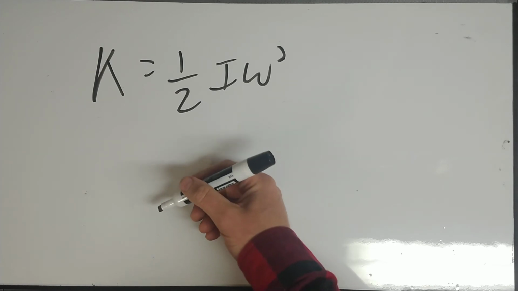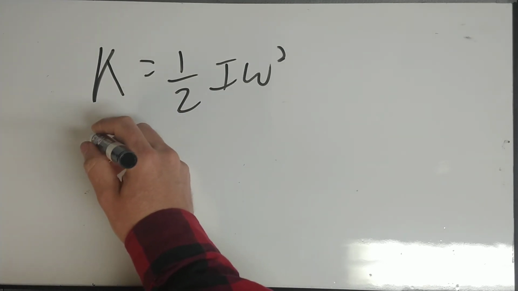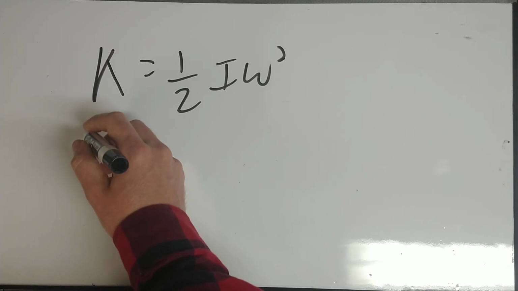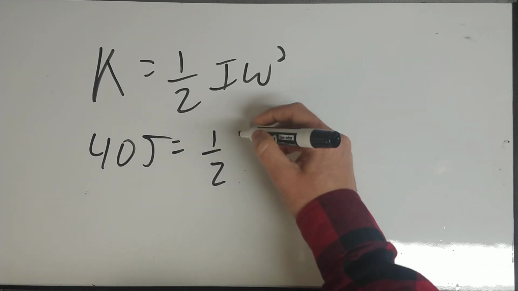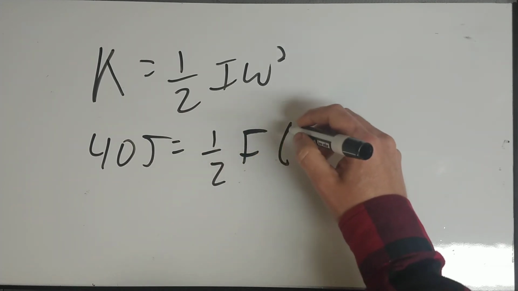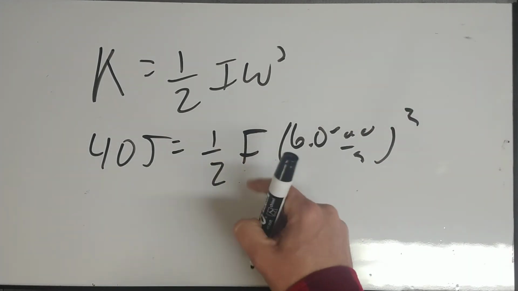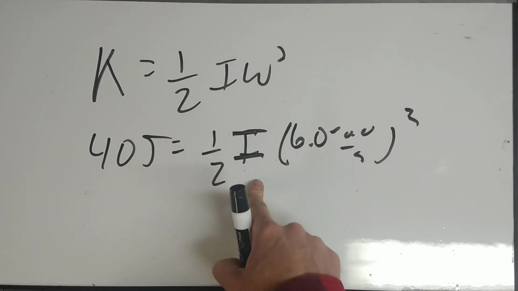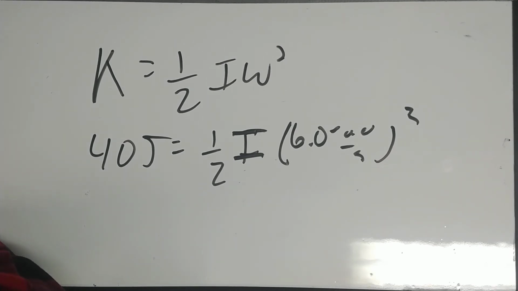I probably should have clarified that, but I guess I got lucky. You're looking for I, so it achieves a kinetic energy of 40 joules, 1/2 I, and then 6.0 rads per second, and you guys were able to solve for I, no problem. 2.2 kilograms.